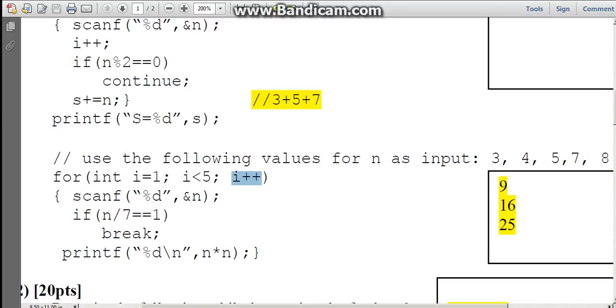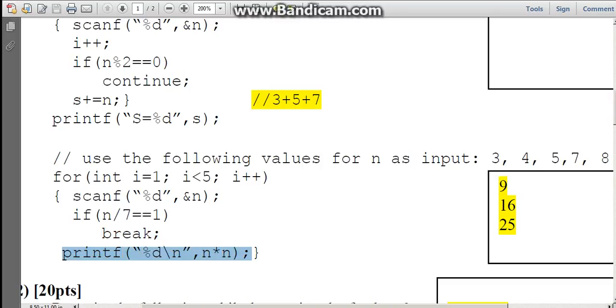That means like 1 2 3 4 5, because we have 5 variables. First of all, we have to scan it from the user, and we need to check if n divided by 7 is equal to 1, then just break and stop running this program, right? If not, just print this one.